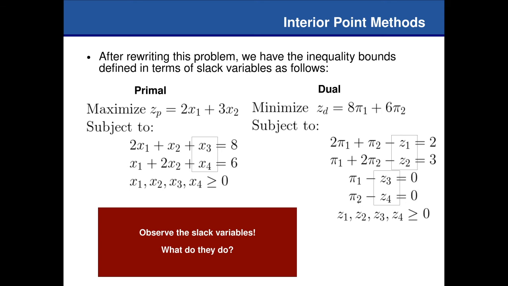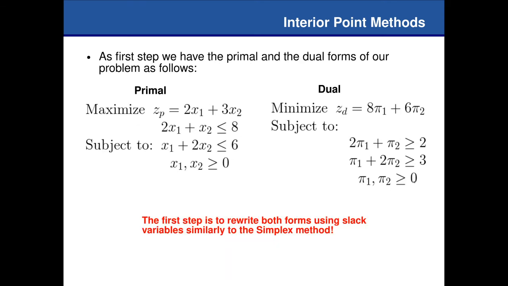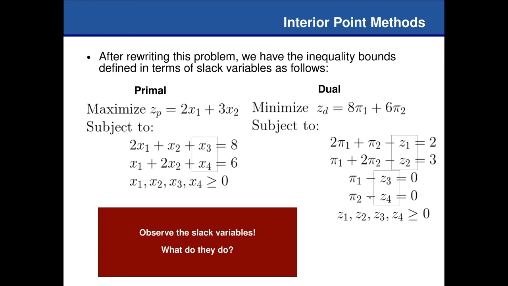And of course, pi2 has to be greater than or equal to 0. When I subtract some positive value, I make it equal to 0. And I substituted all variables by z1, z2, slacks in terms of those constraints, and z3 and z4 in terms of those two variable constraints. Okay? We discussed before about slack variables, but what they do is basically add some relaxation in my problem.